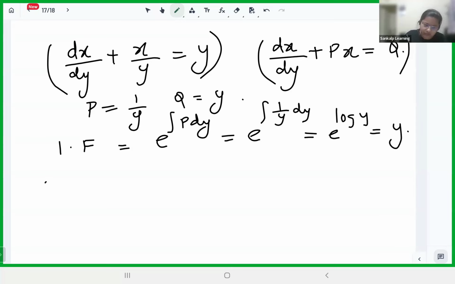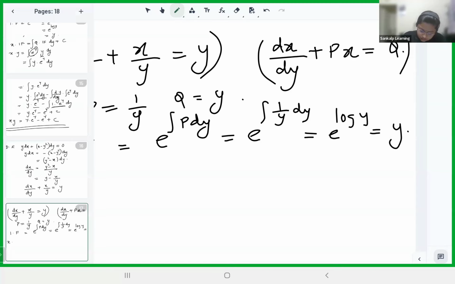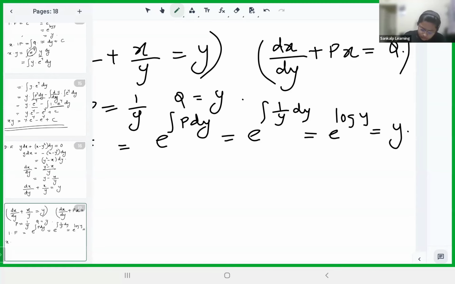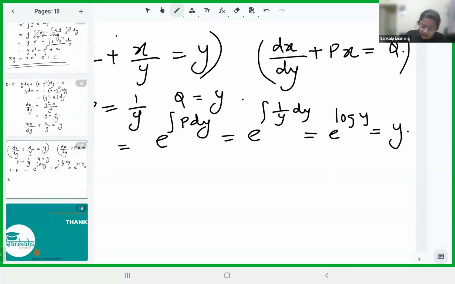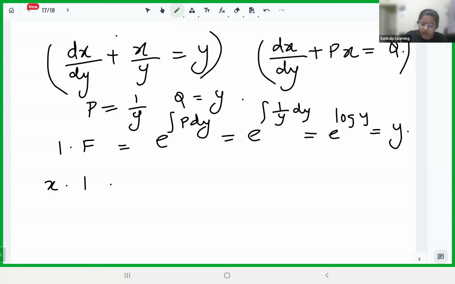Now what is the solution? It is x into the integrating factor equal to the integral of q into the integrating factor with respect to y, dy, plus c. So this is our solution.